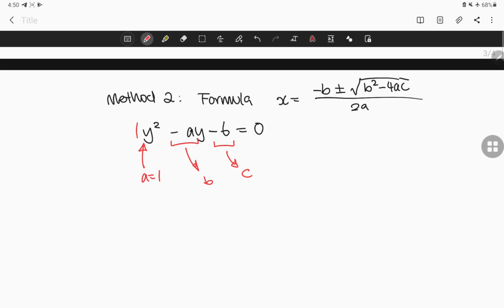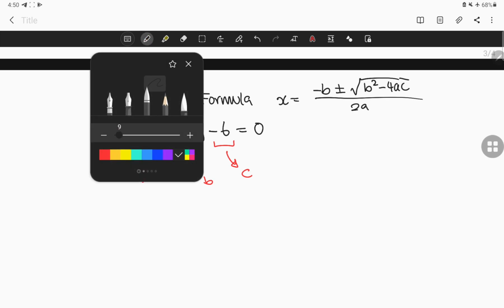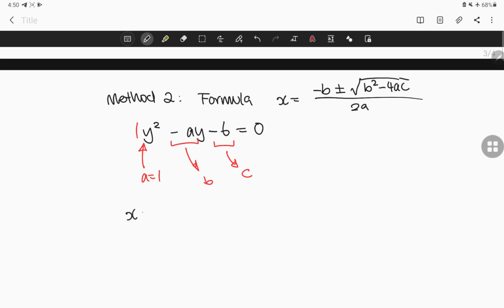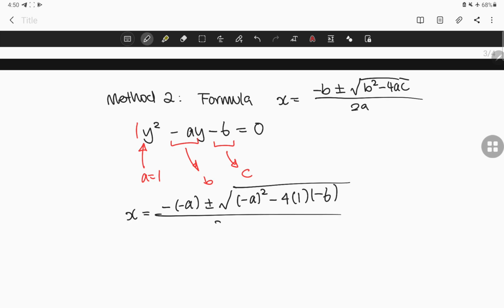So if I want to substitute that into my equation, that would give me x equal to negative a plus minus the square root of negative a squared minus 4 multiplied by 1 multiplied by negative 6. And this whole thing is over 2a, which is 2 multiplied by 1.